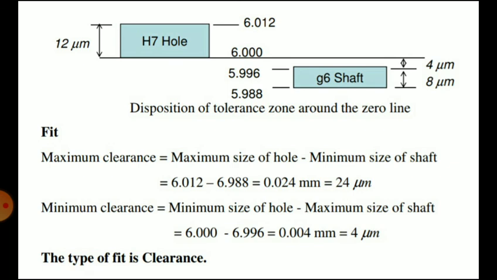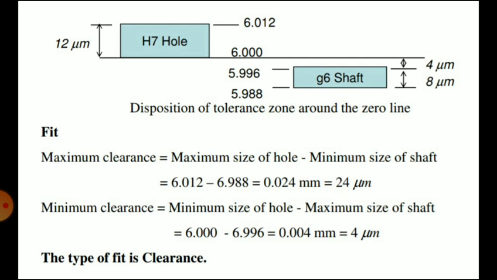Now draw the diagram for that, so that you can easily find out the size of the hole as well as shaft. So it is a hole basis system. So the lower deviation, or the lower limit of the hole, will be 0, and that value is 6, and the tolerance is 12 microns, which in terms of mm is 0.012.